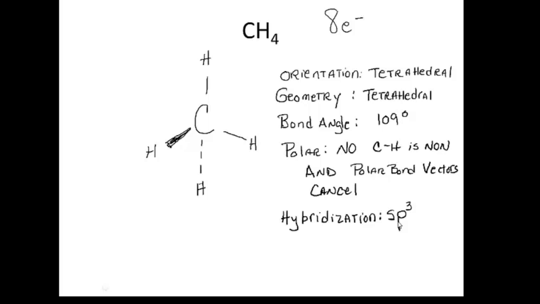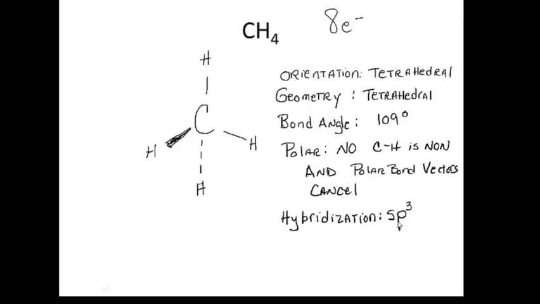There are 4 domains / orientations around the central carbon atom, which indicates a tetrahedral molecule. There are absolutely no lone pairs or unbonded pairs on the central atom. Therefore, the geometry is also tetrahedral. Bond angle 109 degrees.